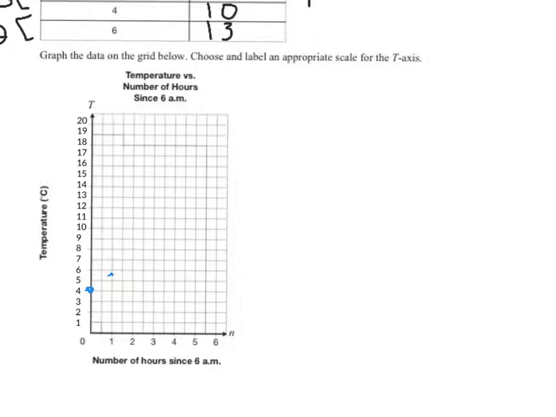Our next point was 4 and 10. And then 6 and 13. Well, if I wanted to draw my line, I would go something like this.